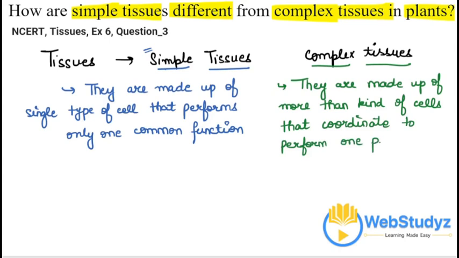Why? Because they are tissues, and tissues comprise different cells or the same kinds of cells which will coordinate together to perform one particular type of function only.